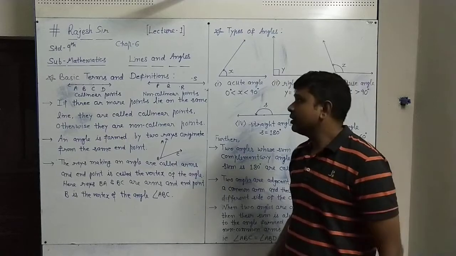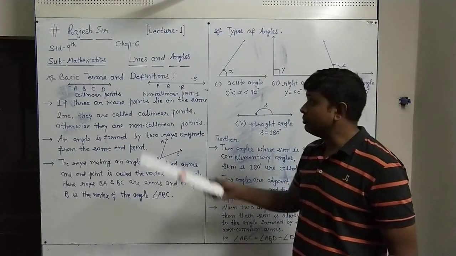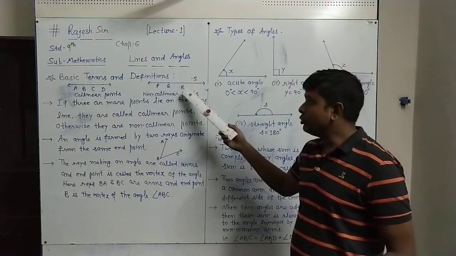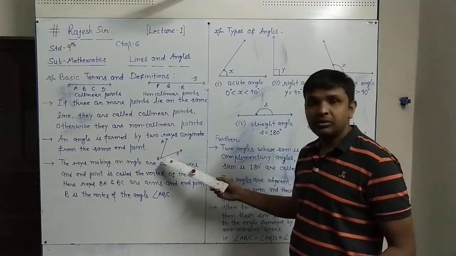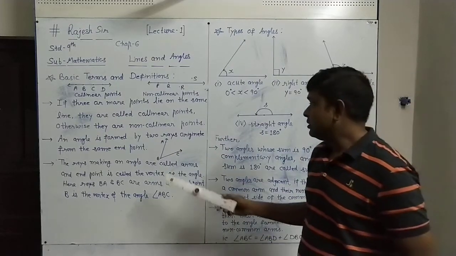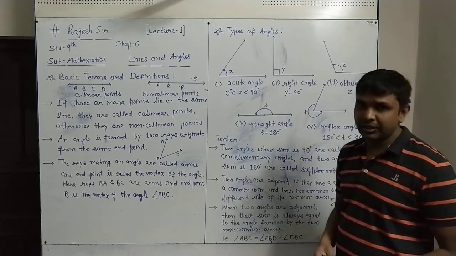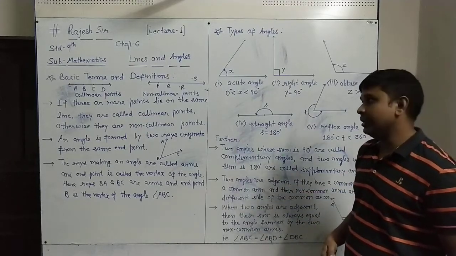This way we have seen collinear points, non-collinear points, and angles formed by 2 rays with the same endpoint. We have studied these terms in earlier classes, so it was just a recall.